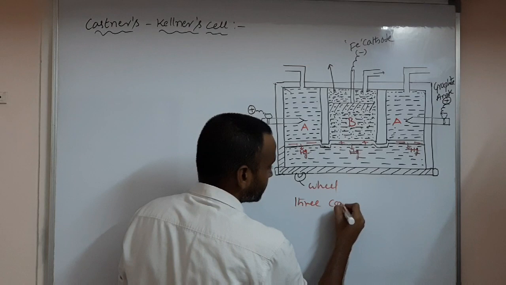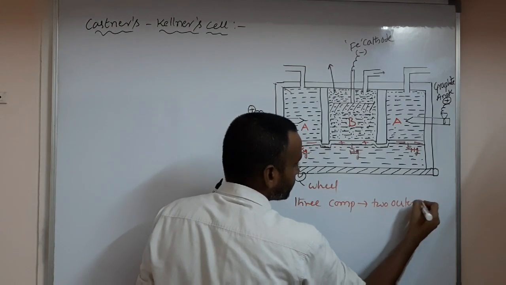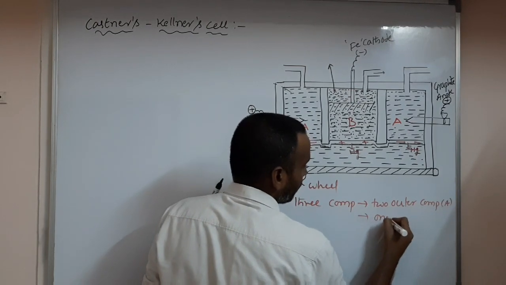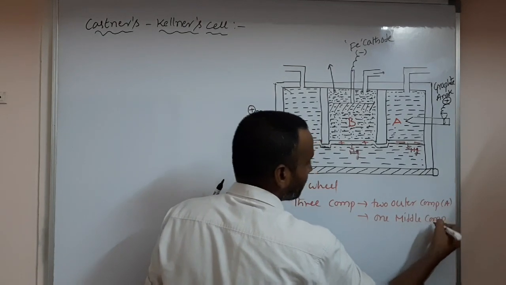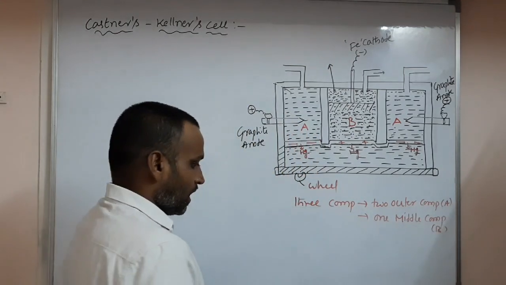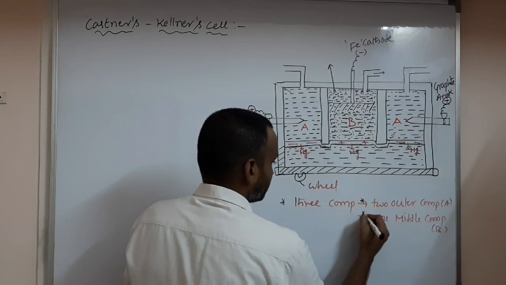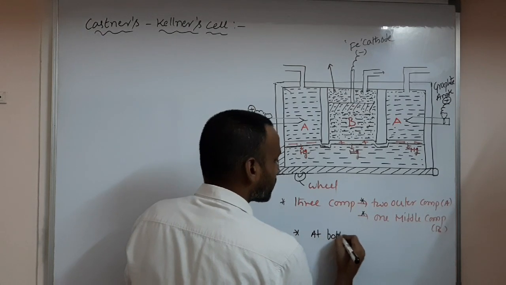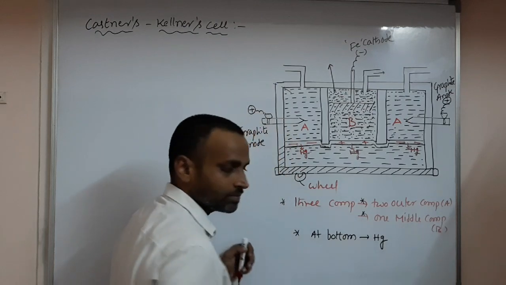So as I said, there are three compartments: two outer compartments and one middle compartment, which I represent with B. The most important thing I am writing here: at the bottom of every compartment you have mercury.